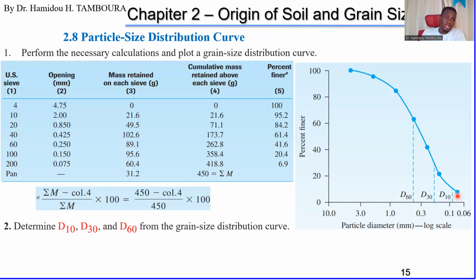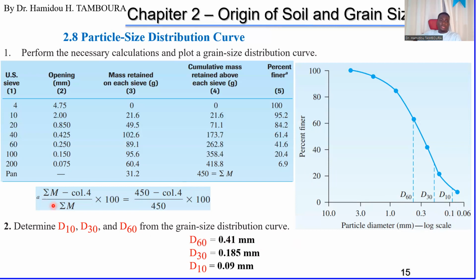Second question is D10, D30, and D60. So you know this D10, you go 10%, 10% is here, because this is 0, 20, 40, 60, 80. So 10 here, you do projection on the curve, and then you go back to the x-axis. Yeah, so it will give you the D10, which is here, 0.41 millimeter.